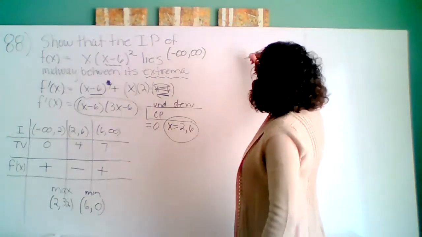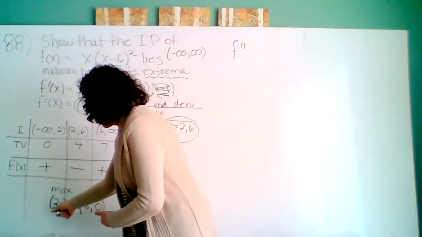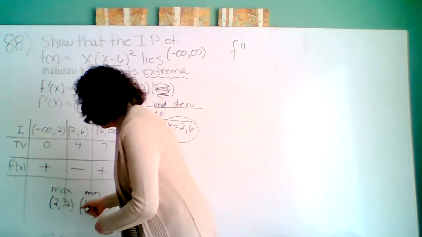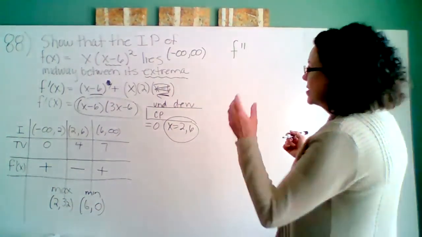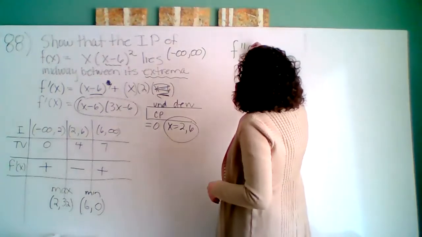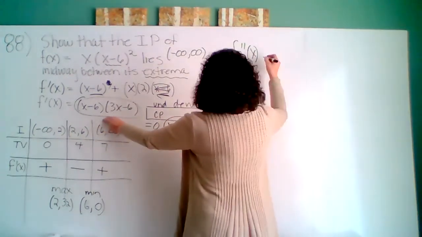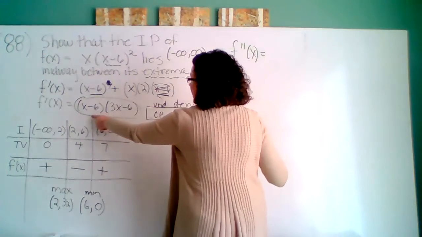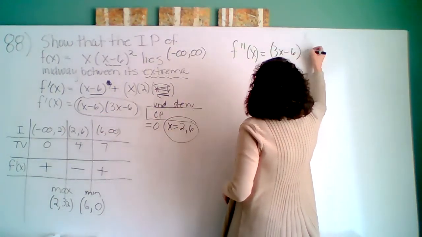Let's do the second derivative, find out where that IP is. And apparently it's right in between an x of 2 and an x of 6, which would make an x of 4. So I'm hoping that's what I get. Okay, so the second derivative would be, I'm going to use the product rule here. The derivative of x minus 6 is 1 times 3x minus 6.